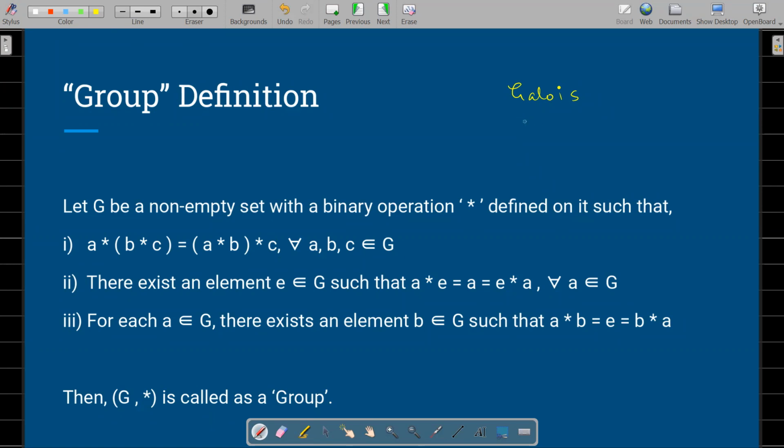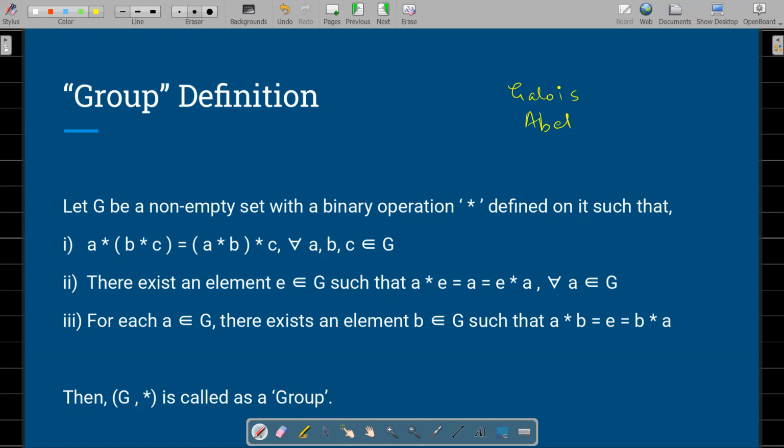And later on, in the works of Abel, we find the roots of group theory.